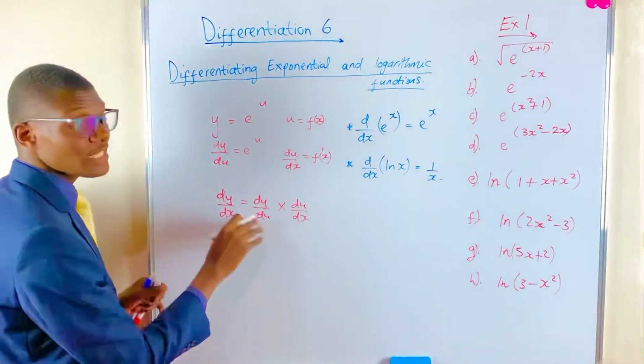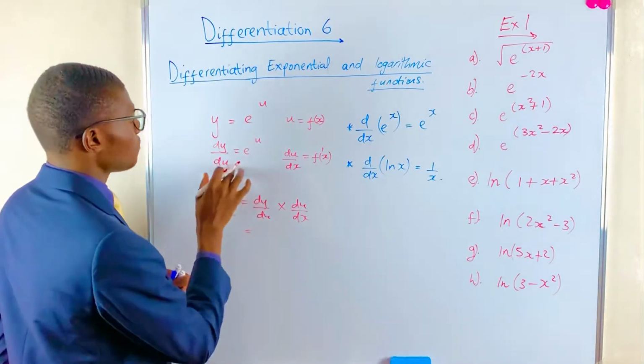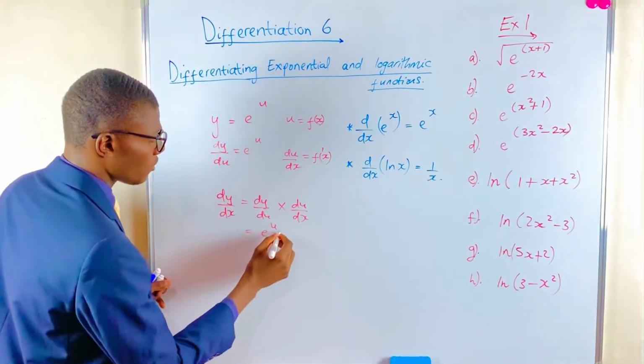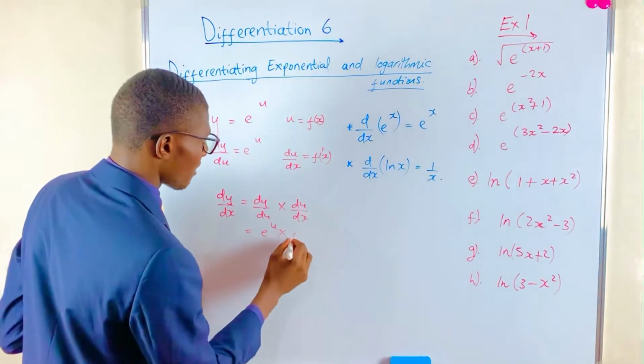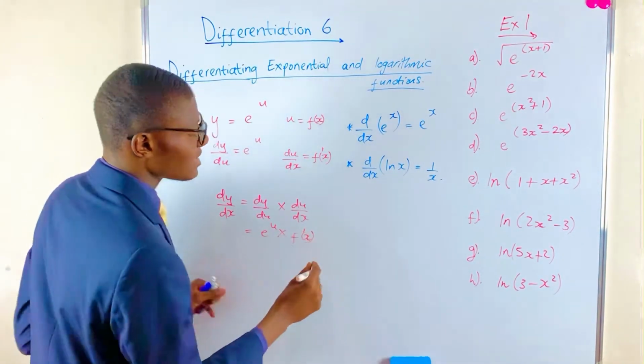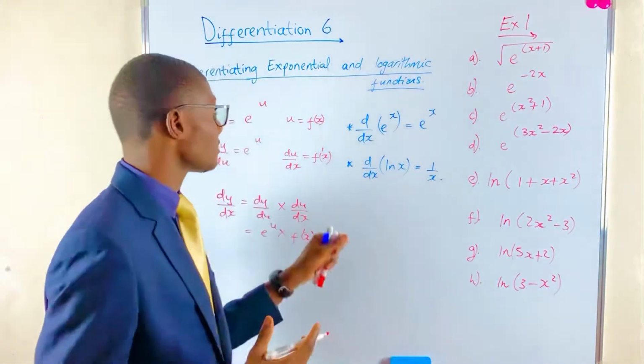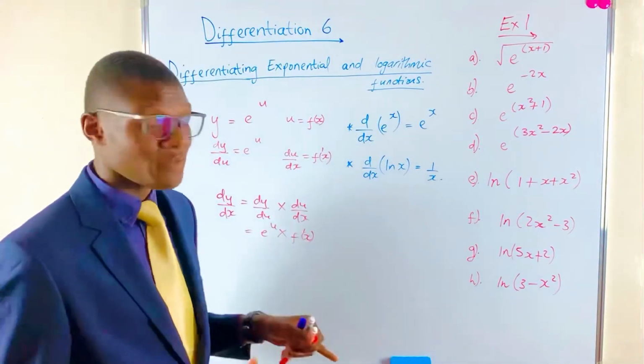So dy by dx is e to the power of u times du by dx, which is f prime x, f prime x simply being the first derivative of the function f of x.